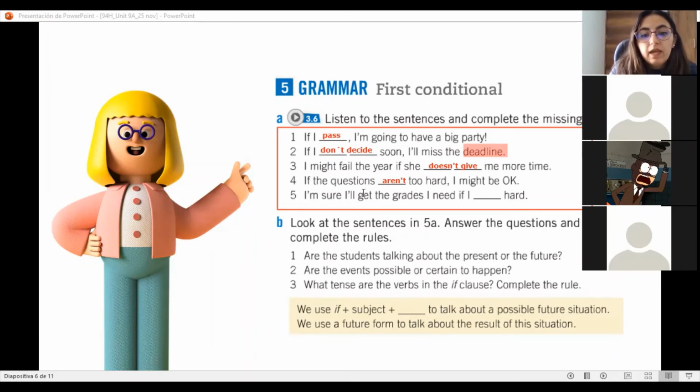Number 5, I'm sure I'll get the grades. Let's listen to this last sentence. 5. I'm sure I'll get the grades I need if I work hard. What's the word here? Work?